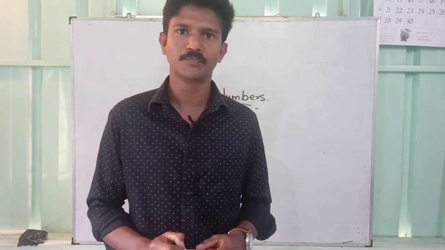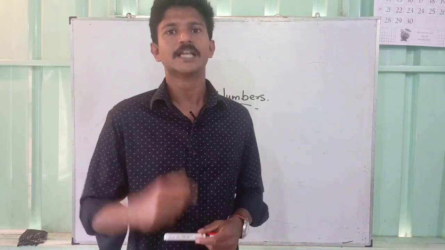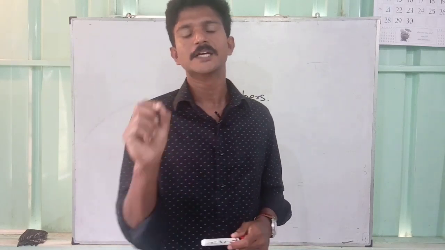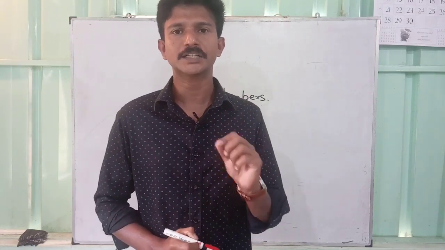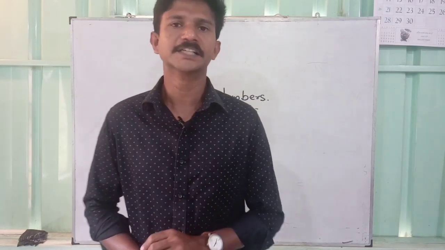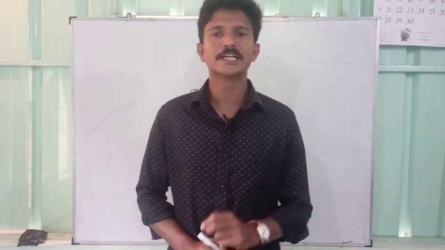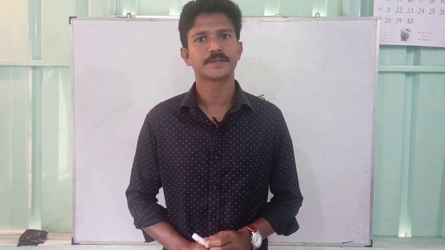It is very easy. If you don't know about it, I'll explain that. If you are dividing a number by 2, and you get a remainder 0, then the number is an even number. If you get a remainder 1, that is an odd number, right?